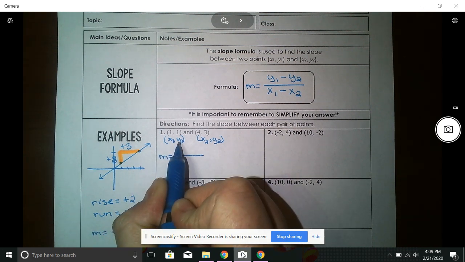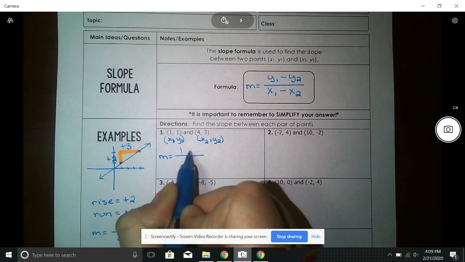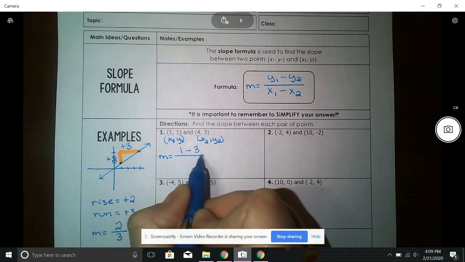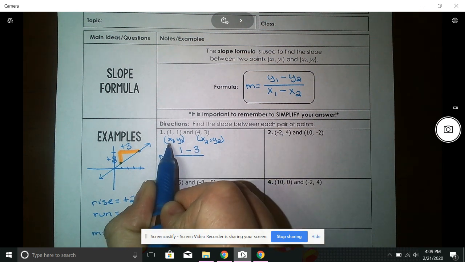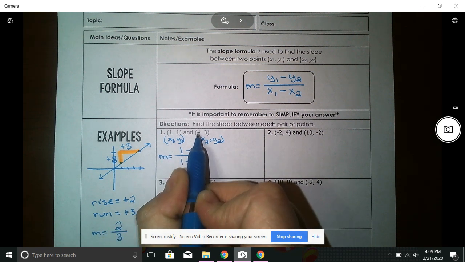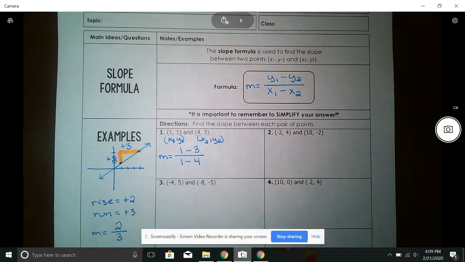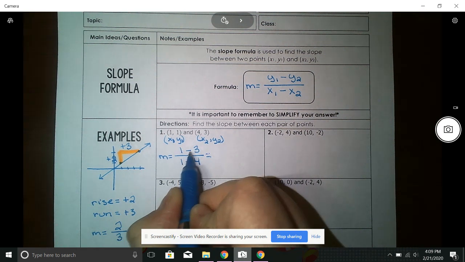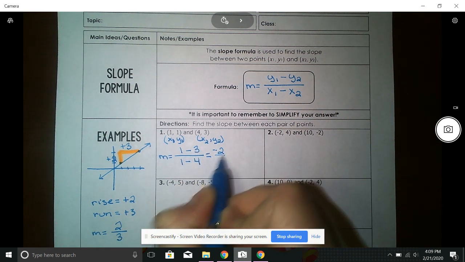Y number 1 is 1 minus y number 2, which is 3, all over x number 1, which is also 1, minus x number 2, which is 4. Now I'll just do some simple math. 1 minus 3 is negative 2. 1 minus 4 is negative 3.